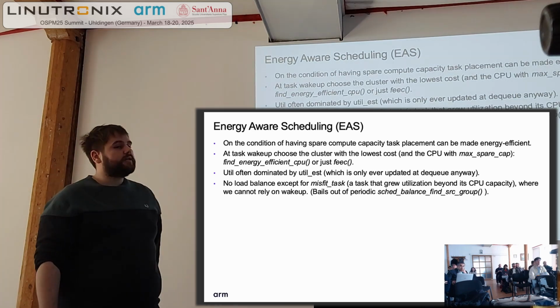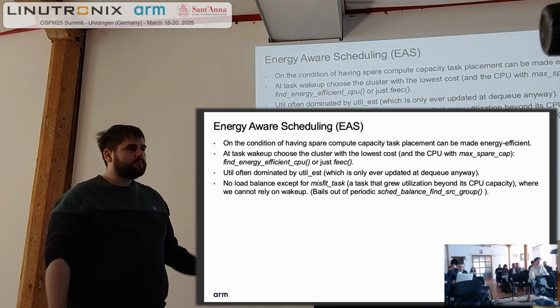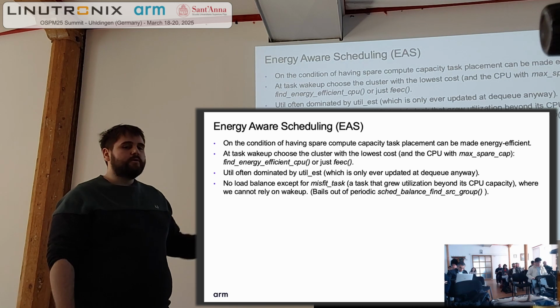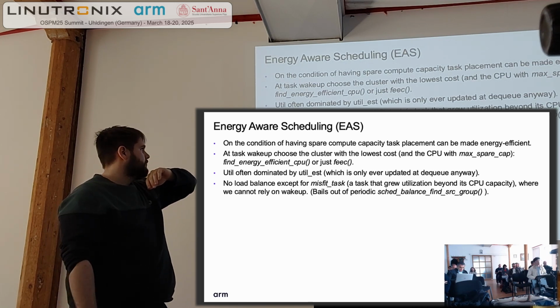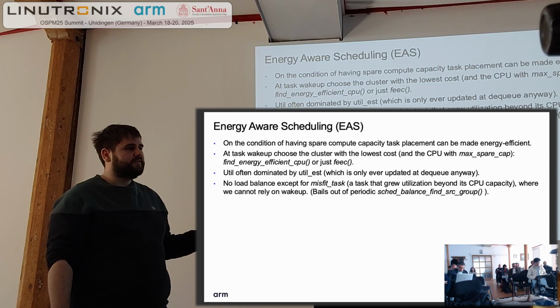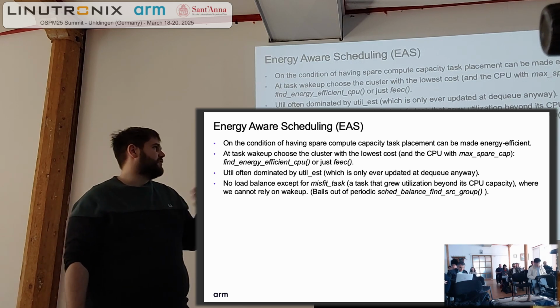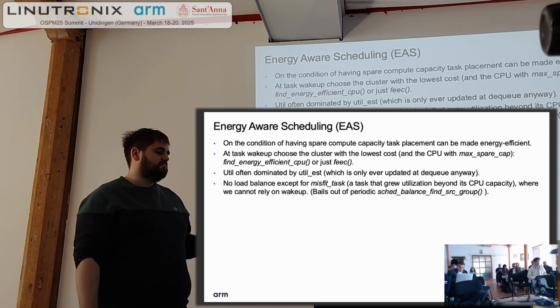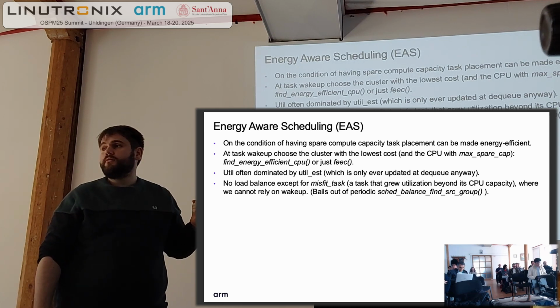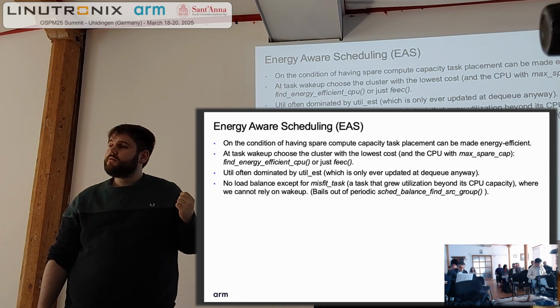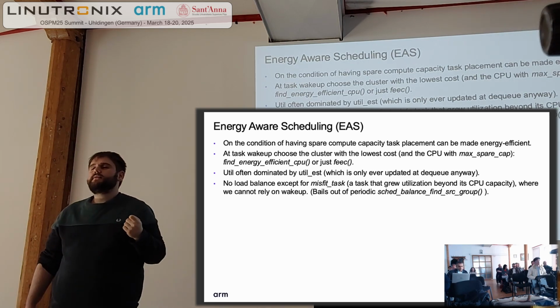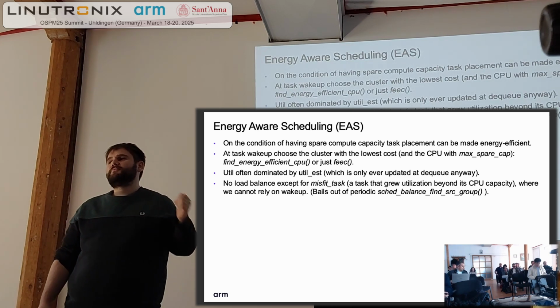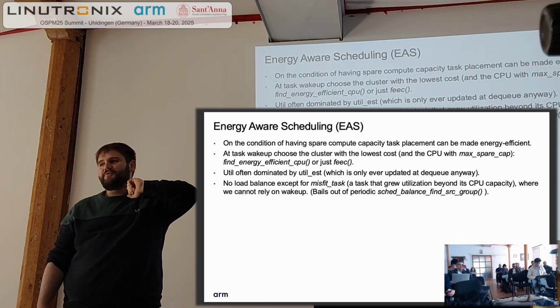And at the cluster, we only look at the max spare capacity CPU, which is guaranteed to be the CPU where we don't have to raise OPPs for the entire cluster. And also it has the max spare capacity, as in all the tasks there can grow even. Oh, you're saying the utilization of the task is high enough that you want to bump up the frequency for the cluster, even though this is the right. Yeah, but it's still the CPU where you have to raise the least amount of OPPs.